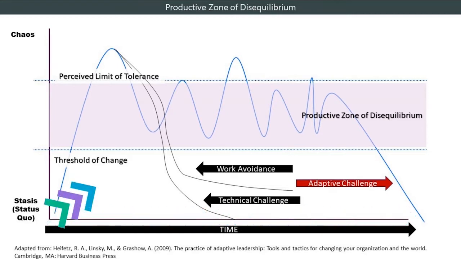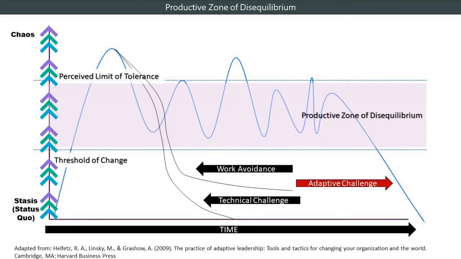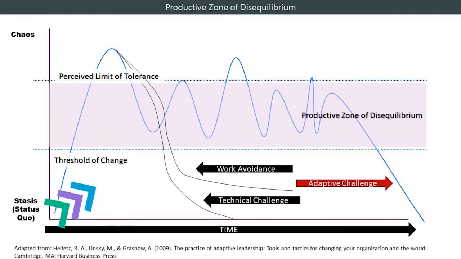Also at the bottom, from the vertical axis perspective, is stasis or status quo, which is fairly comfortable. Again, think back to those 4 zones that we just talked about, that when you're ignorant, it's comfortable. The top represents chaos. And so as you put those two axes together over time, when change starts happening, you go through the first zone, which we'll call the comfort zone, and that's the zone at the bottom of the scale there.